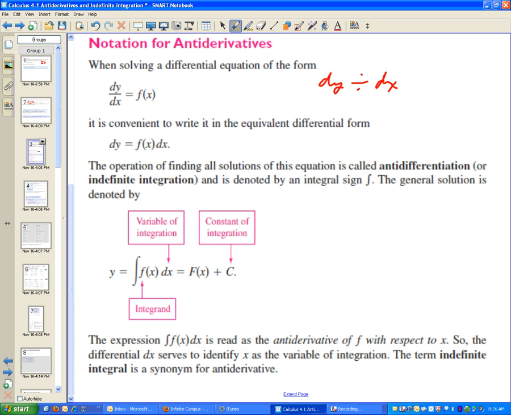However, one of the good things about this notation is it appears that all I have to do to go from there to there is multiply both sides by dx. So that notation is handy because it makes you remember this. It's not really algebra, but it looks like it. So a long time ago, people figured out, hey, it looks like that works.